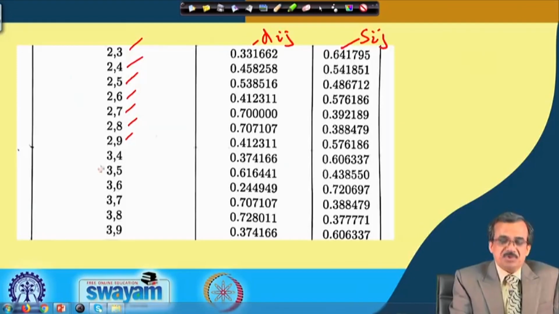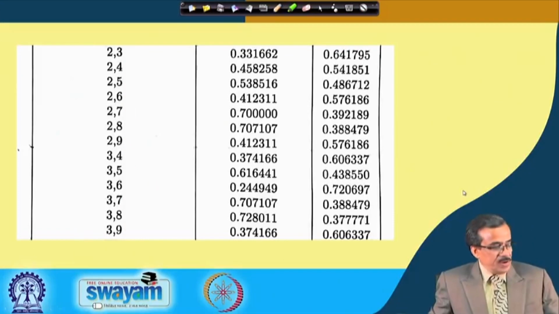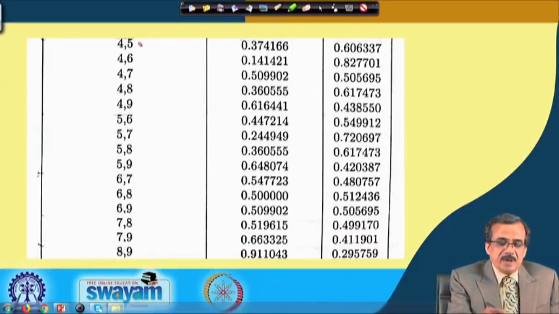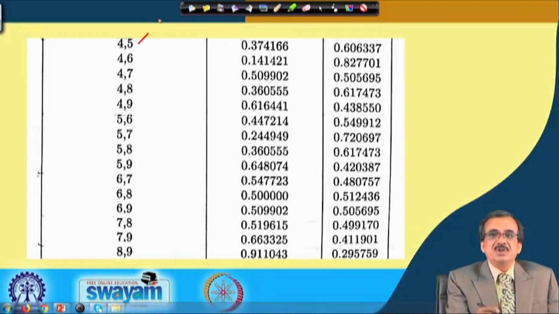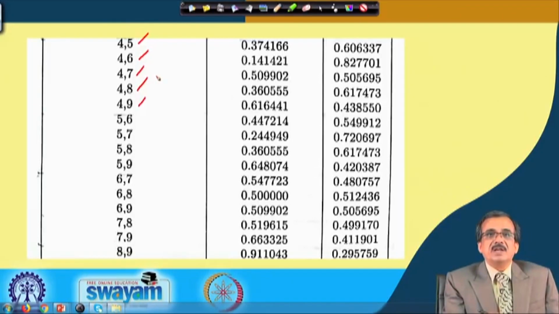Similarly, starting from 3, I can find out between 3 and 4, 3 and 5, 3 and 6, 3 and 7, 3 and 8 and 3 and 9. So, using this particular method, I can find out. Then between 4 and 5, I can find out the distance and similarity. Then 4 and 6, 4 and 7, 4 and 8 and 4 and 9.